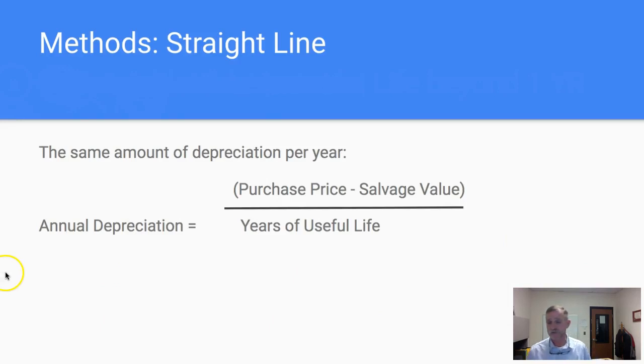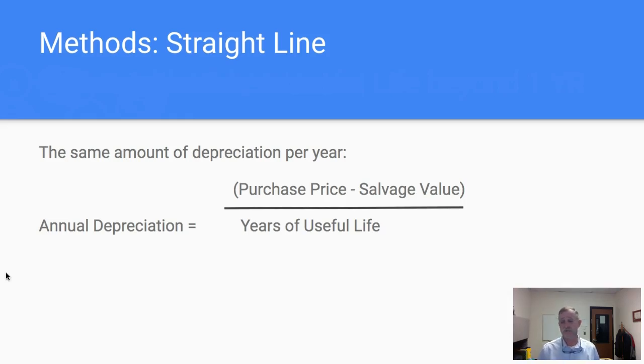So what are the methods of depreciation? It's not very sophisticated, so it's kind of gone out of favor with many people. But when I got started in business and started talking to other successful business people, it's one that's employed more than you would think, because it is very simple.